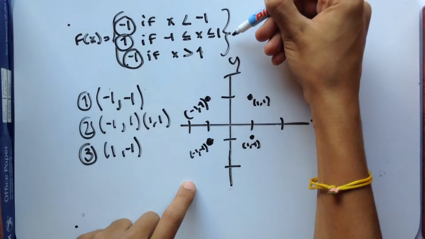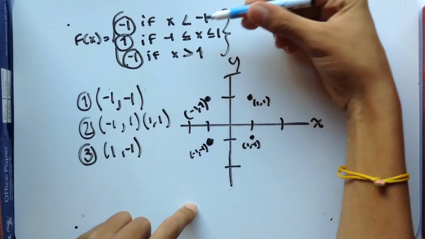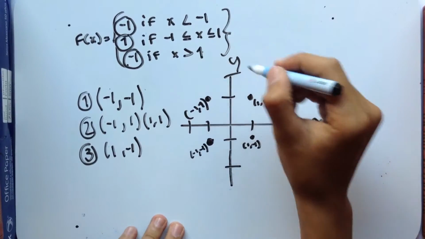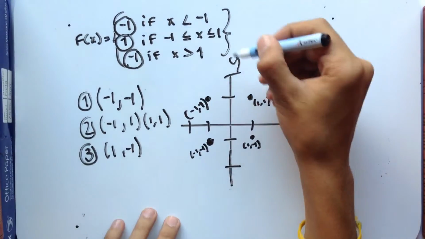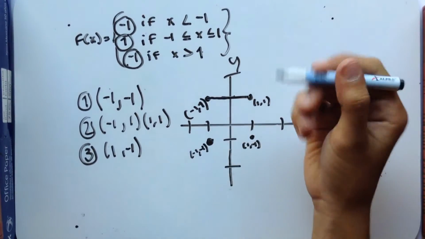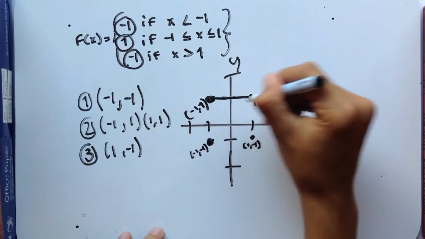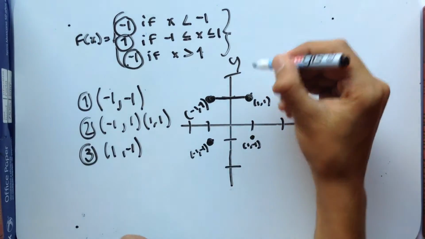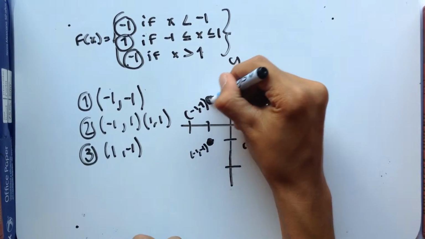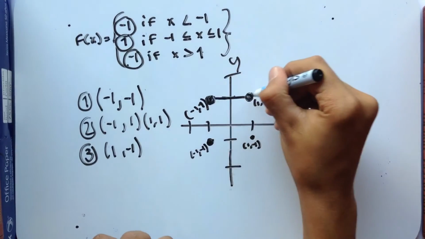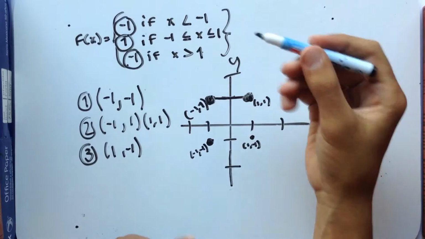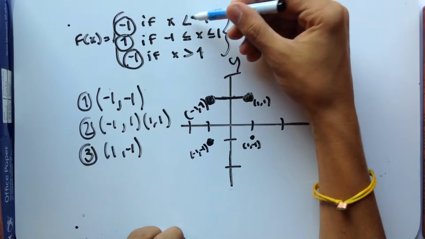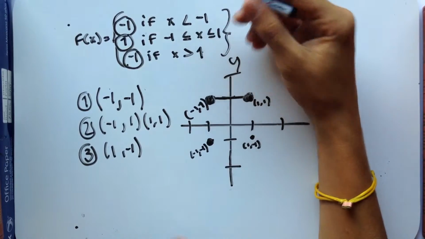In the second equation, we have less than with equality, which means that this part of the line will be a solid line with a solid circle. This also indicates that we are going to consider the end of the lines when we mark or draw our limits. Then, in the first and third equation, we have less than and greater than without equality.